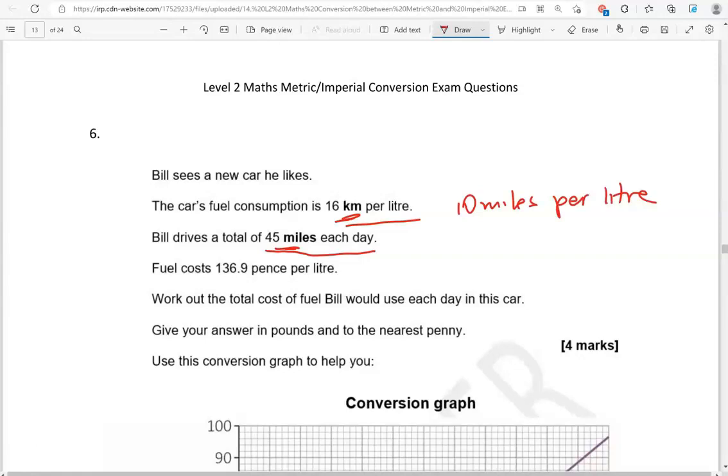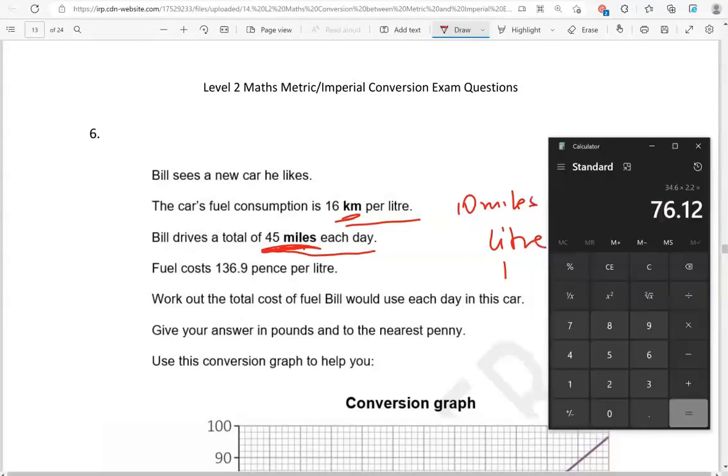So 1 litre does 10 miles. 45 miles each day. How many litres are needed? So what do we multiply 10 by to get to 45?